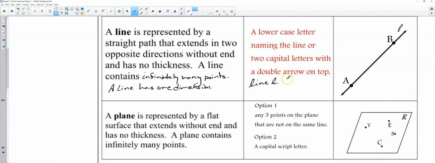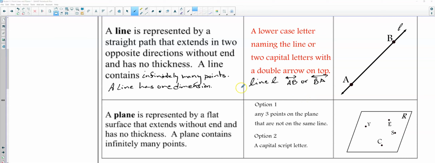For example, line AB, or it could be any 2 points on the line, or line BA. It doesn't matter the order, as long as it has the two capital letters denoting those 2 points, so line AB or line BA, we're naming the same line. This one could also be named line l, that small letter that is just naming the line.